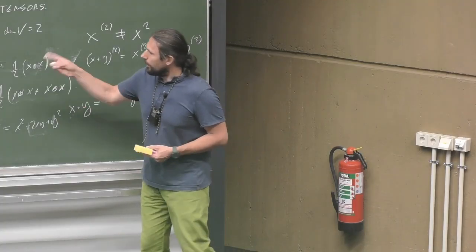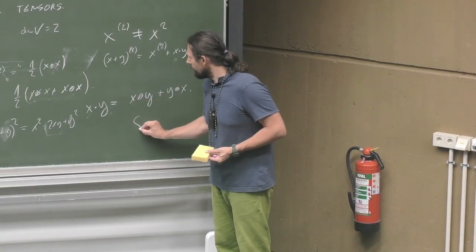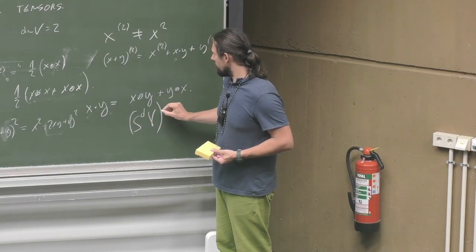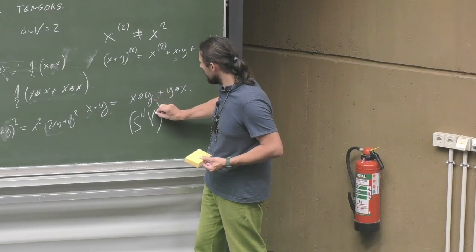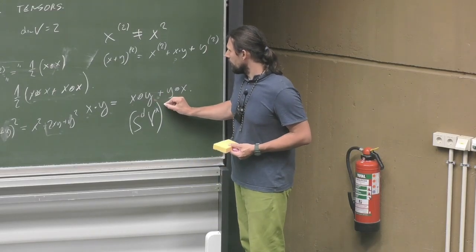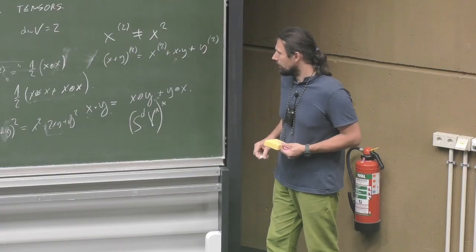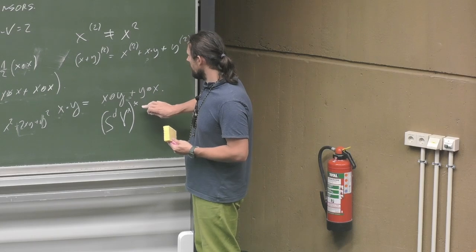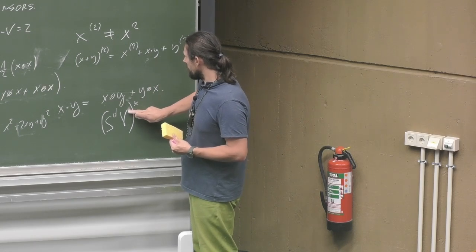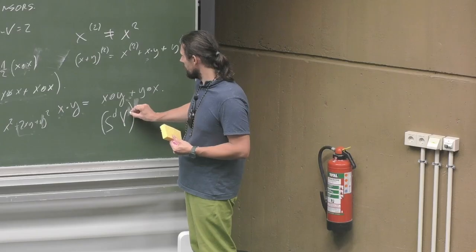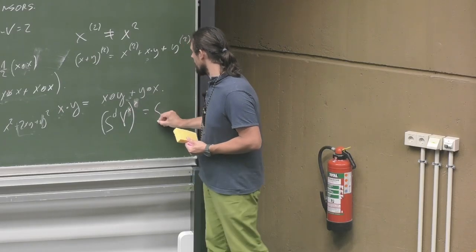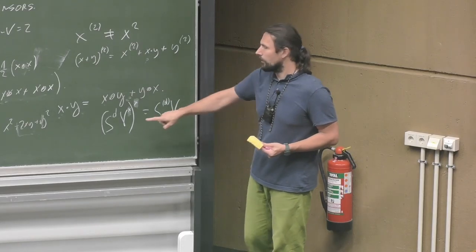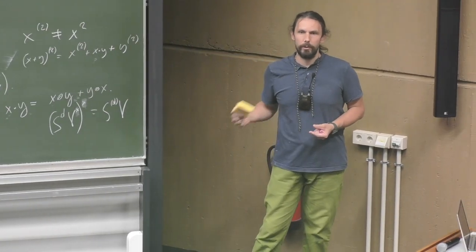So that's why. And the tricky part is that if we take S^d V and take the dual of that, these two spaces are dual representations of GL(V).